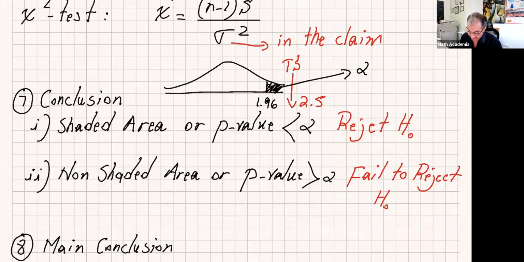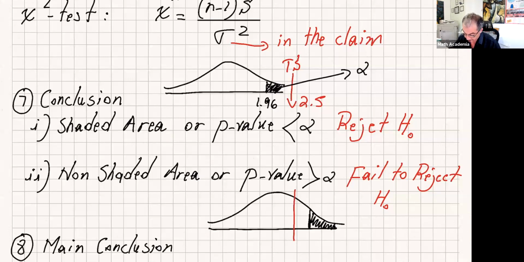What is p-value? Just to give you an idea of what p-value is. If this is our alpha and this is our test statistics, alpha is the area in this tail.